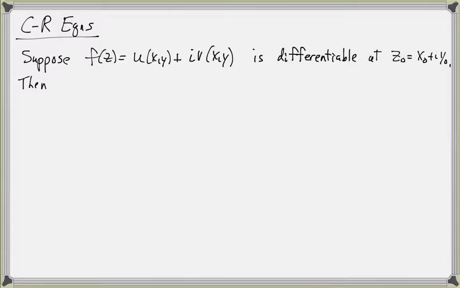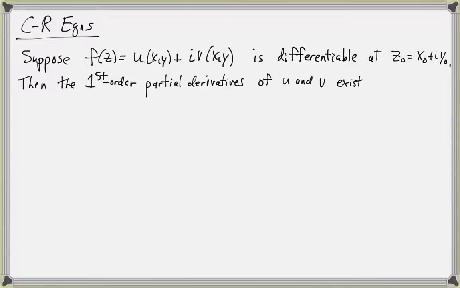Then we just proved that the first order partial derivatives of u and v exist at x0, y0, and they satisfy the Cauchy-Riemann equations.